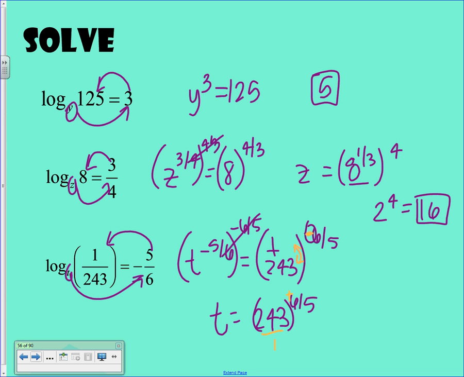So I flip that. And now I can break it up to be 243 to the 1/5, and then that to the 6th. I know that 3 to the 5th is 243. So I have 3 to the 6th left, which is 729. 3 to the 6th is not on your sheet, so that would not be a no calculator one, but the rest of it would be.